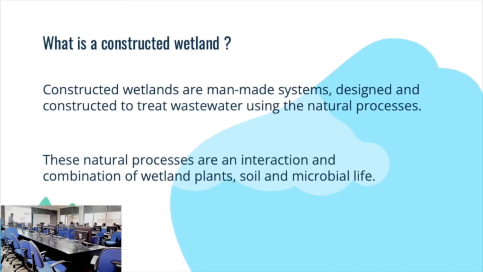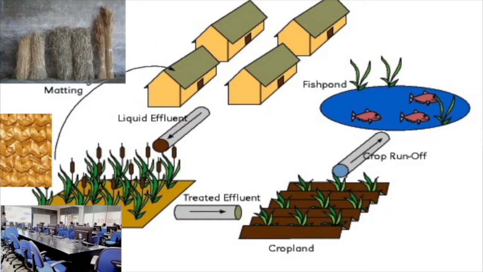This is the basic simple setup which we can implement for household waste by using a constructed wetland. The liquid effluent coming from the household, we can divert it to the wetland, and the treated effluent from the wetland can be used for irrigation.